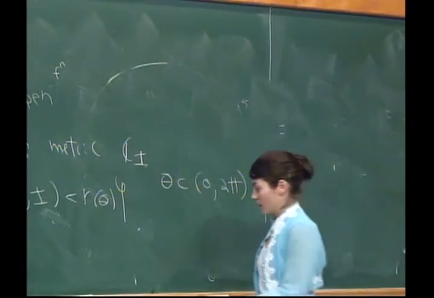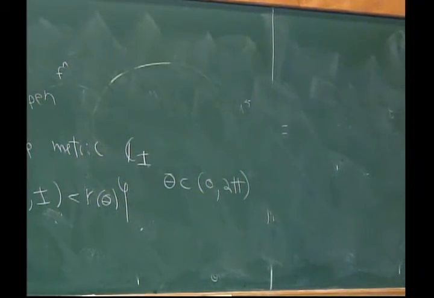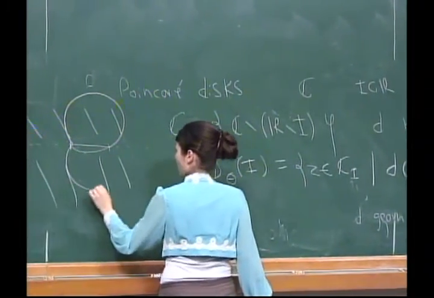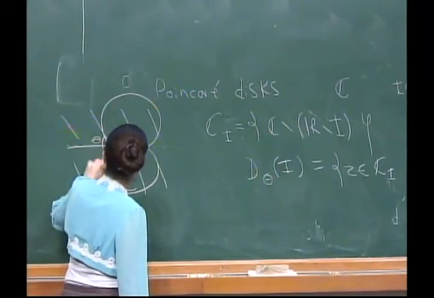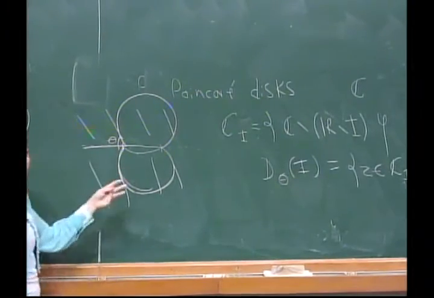So these balls, you're very lucky, the way they look is they're just Euclidean disks where the angle that they intersect the real line is exactly theta. So the angle of this disk and the real line is theta, and the same with the other one.